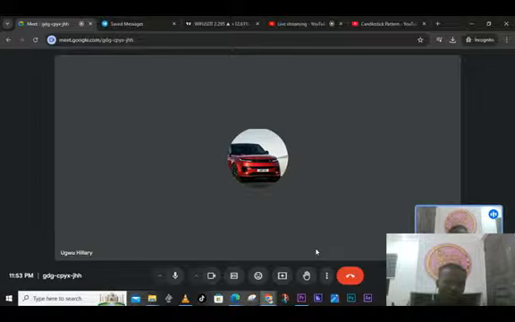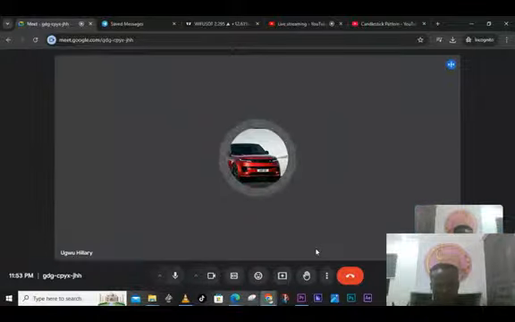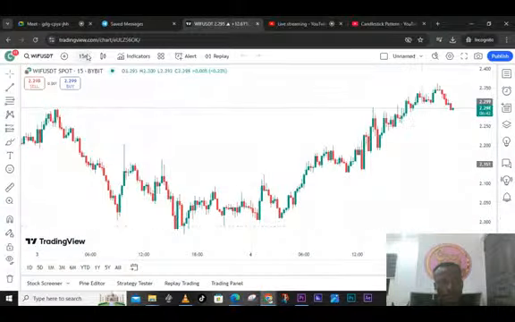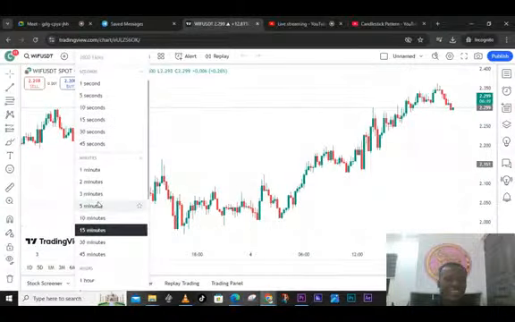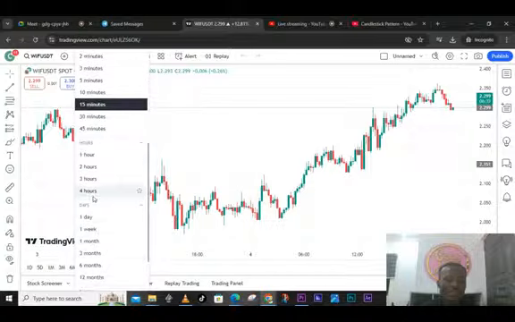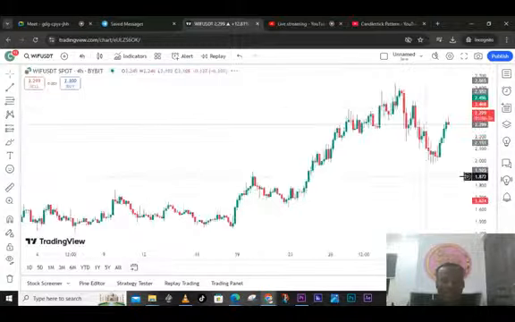So what time are we looking at? Is it any 4 hour candlestick we are looking at, or do we have a specific 4 hour candlestick that we are supposed to look at? No, I'm not looking at any 4 hour candle.